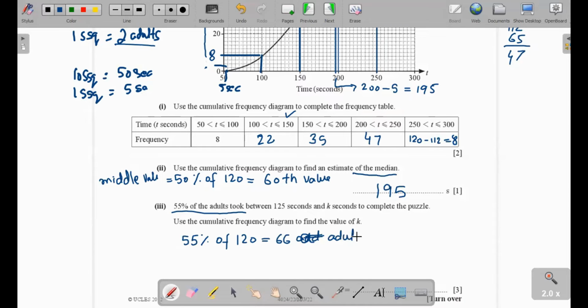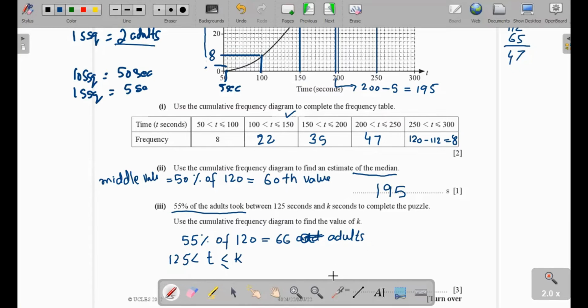Now 66 adults between 125 and k seconds. We see how many adults completed the puzzle in 125 seconds.